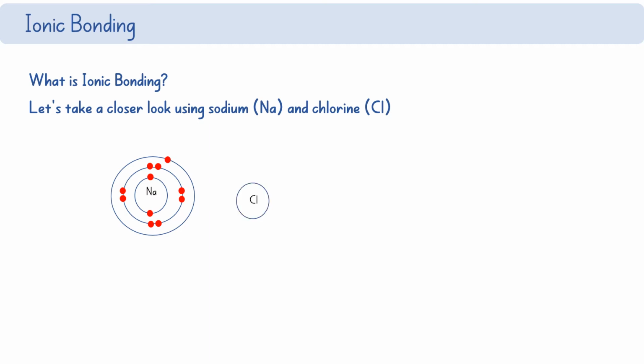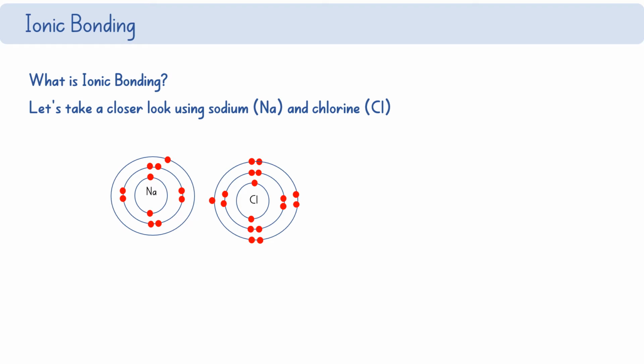Now we'll look at chlorine. It has 3 energy levels, 2 electrons in the first orbital, 8 in the second, and 7 in the 3rd orbital.